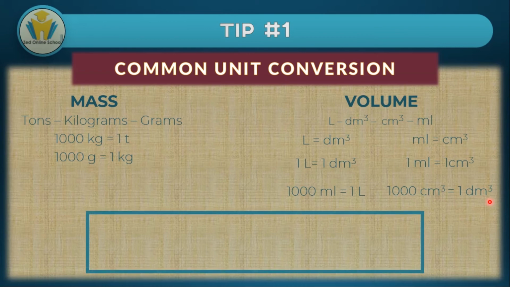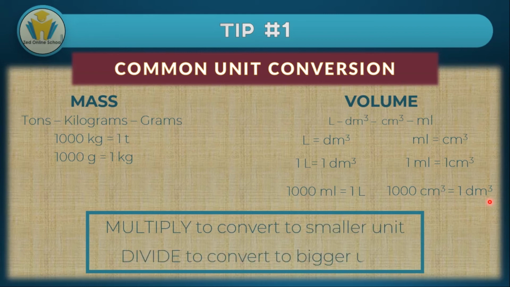Now, one thing I notice in these conversions is that we multiply to convert to the smaller unit and we divide to convert to the bigger unit. Furthermore, in chemistry, most of the units that will be used will have 1000.